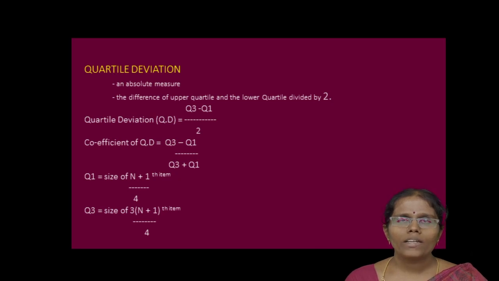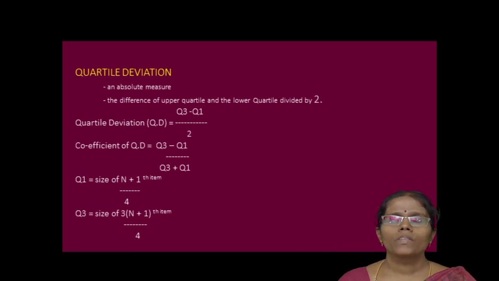For an individual series, Q1 is the size of the (n plus 1) by 4th item, and Q3 is the size of 3 into (n plus 1) by 4th item.